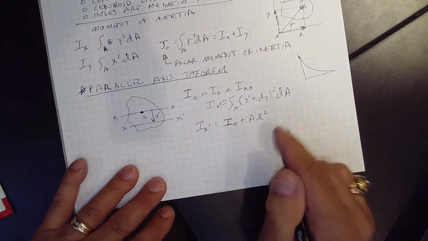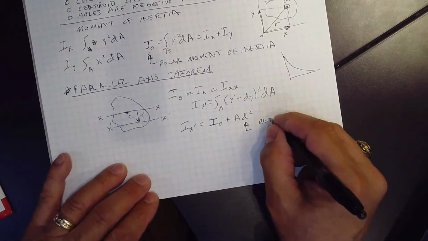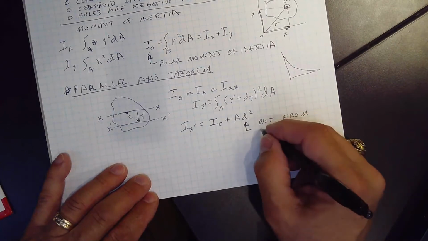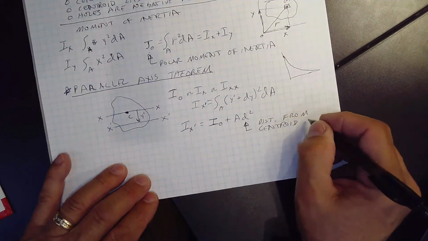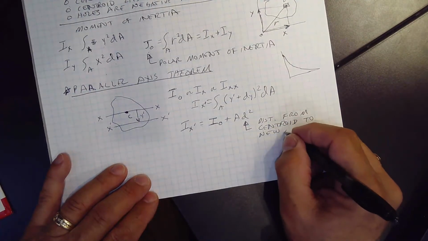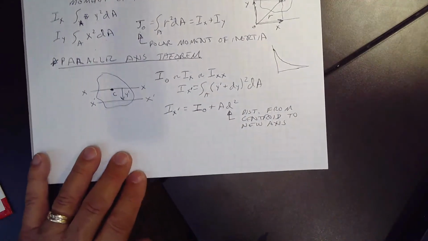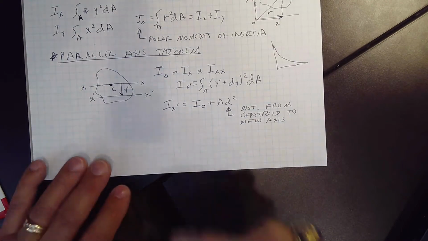Wait a minute, what's D? D is the distance from the neutral axis, from the centroid, to the new axis. It's the distance from the centroid to the new axis. I guess I drew that wrong, didn't I?